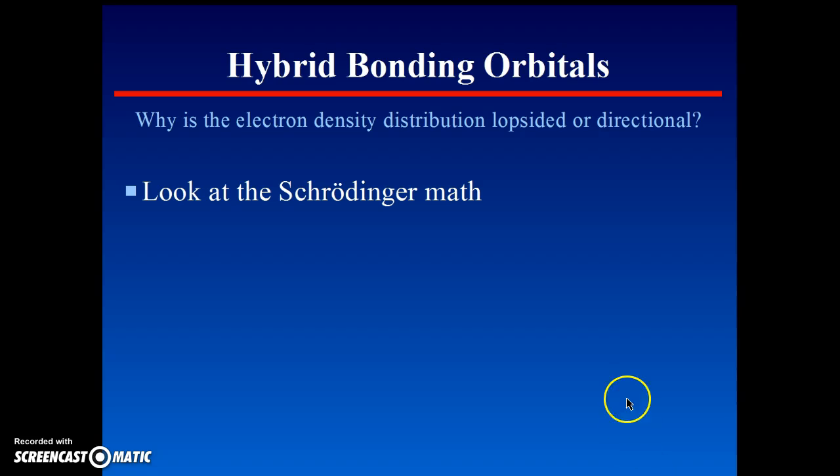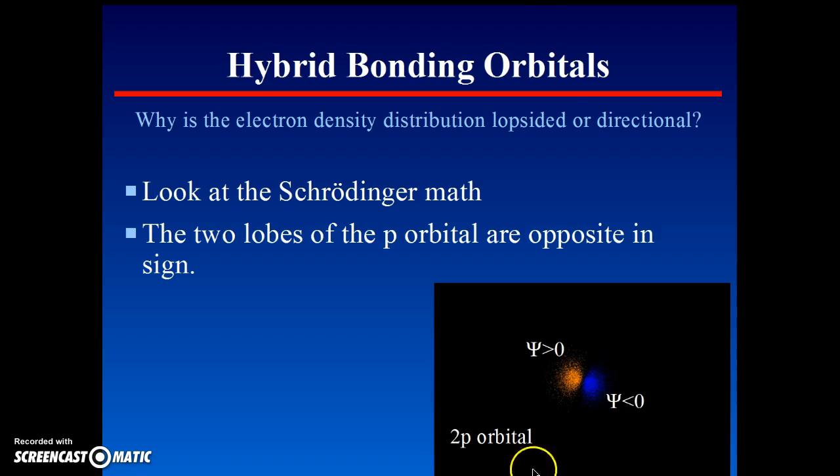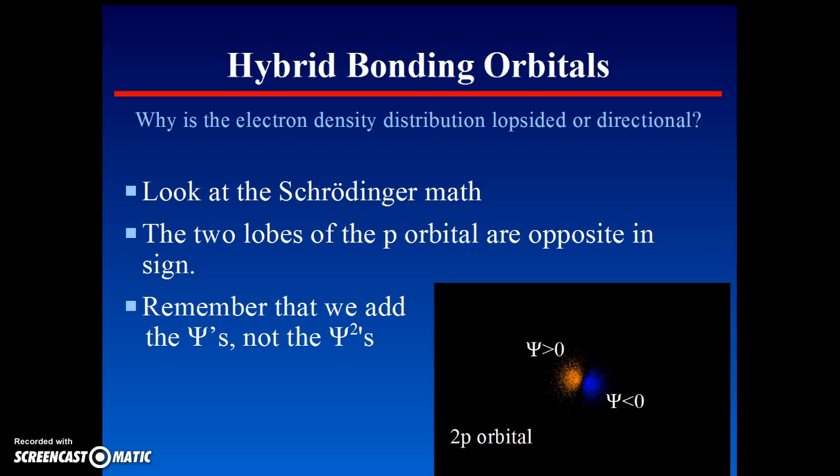And we find that from the Schrödinger math, we can also get a lopsided distribution. Remember, the psi function on the p orbital, on the left and the right side, they're opposite in sign. One is plus, one is minus. When you square it to get the probability distribution psi squared, of course, all the negatives turn positive. Remember, we add the psi functions, not the psi squareds.